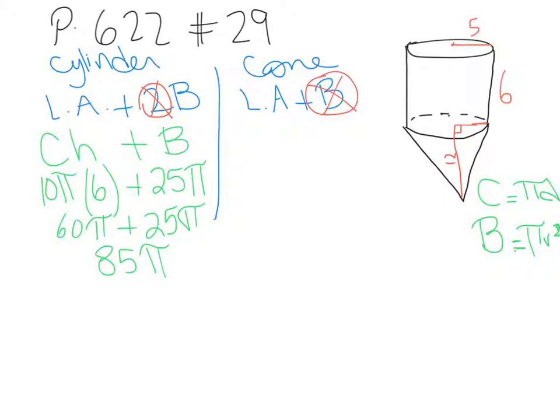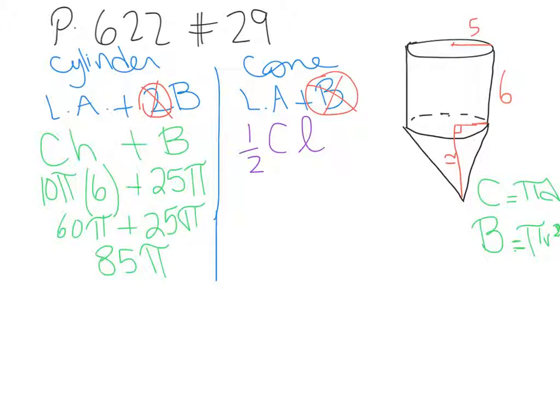We'll do the same thing for the cone. So the lateral area of the cone is half the circumference times the slant height. Okay, so I have just the height.